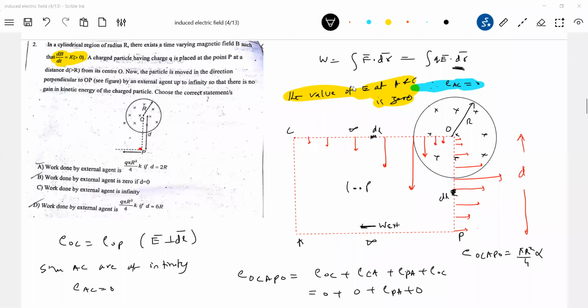If you choose that triangle OAP, will any problem arise? So you mean to say you are going to choose an area like this, till infinity.